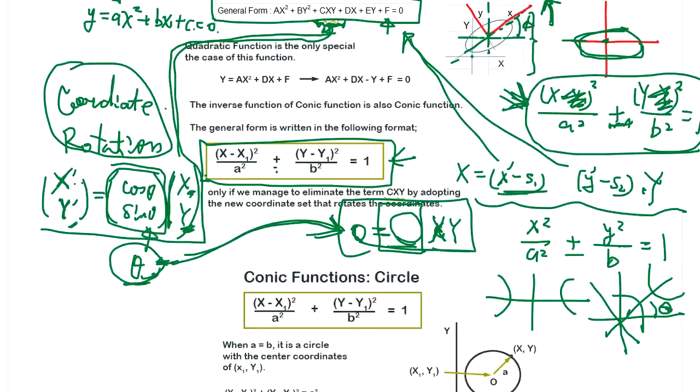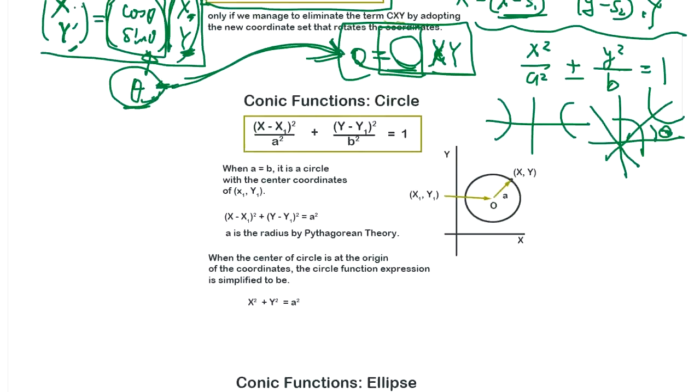And the first one you see is the circle. The circle is when A equals B here, right? And of course this plus ellipse. Now then it's a circle, and the circle position is shifted by x1, y1. This is a shifted function.